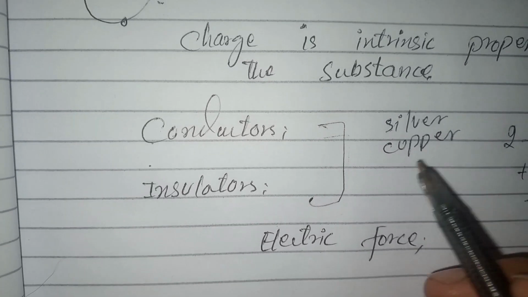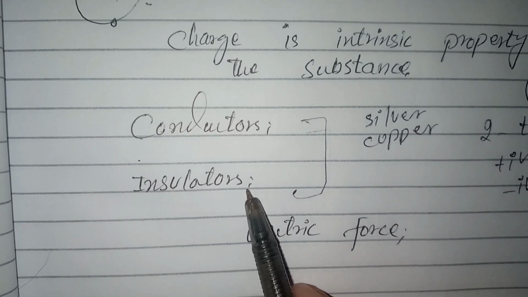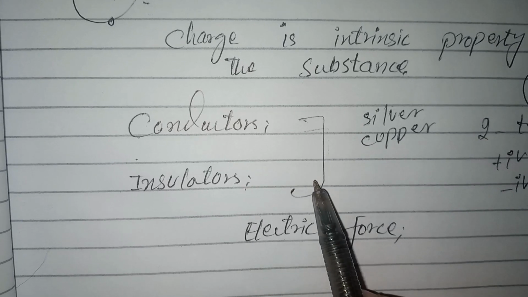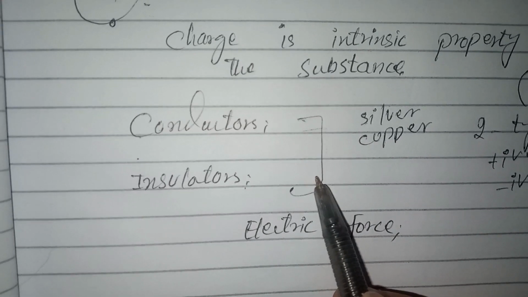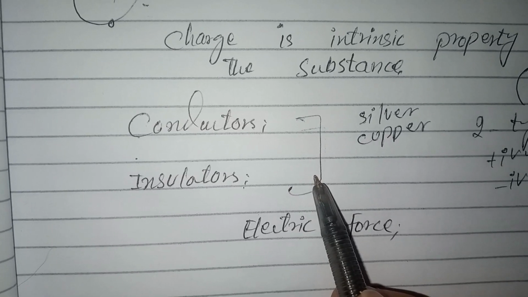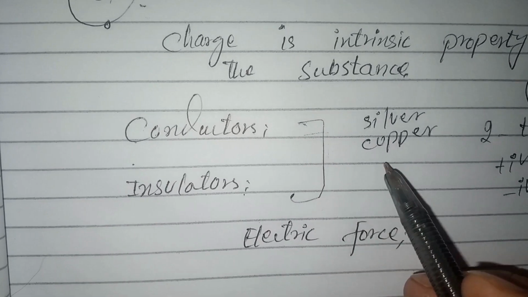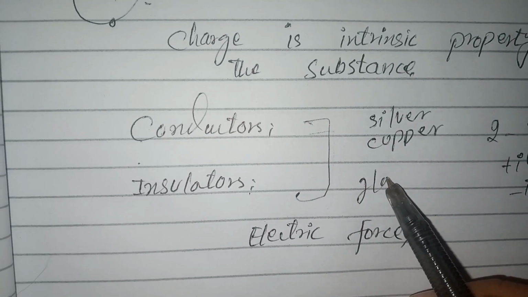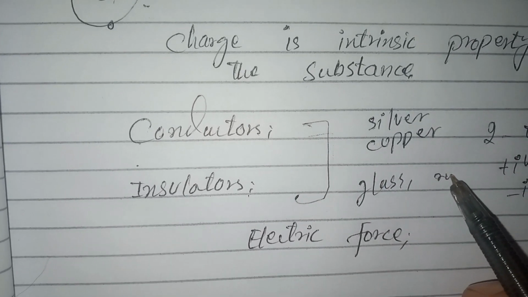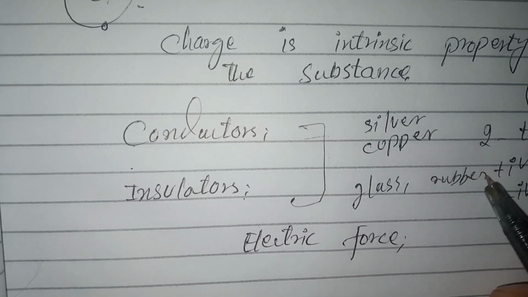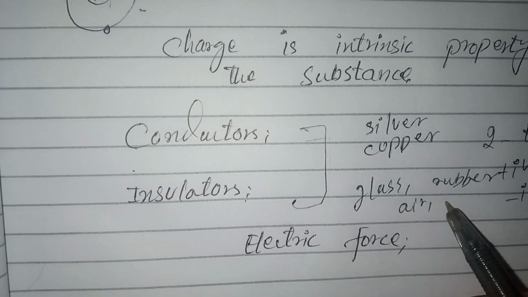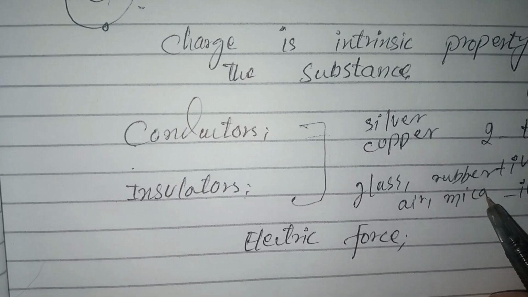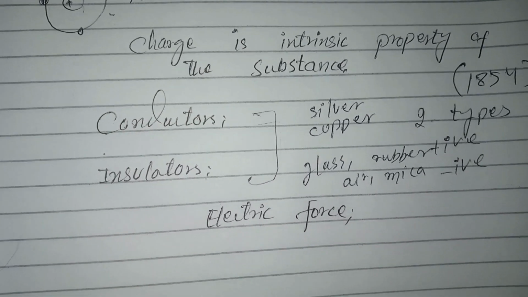Other metals are also conductors. In the case of insulators, all those substances which do not have free electrons and do not allow any charge to pass through them are called insulators. For example, glass, rubber, and air. Mica is also an insulator.